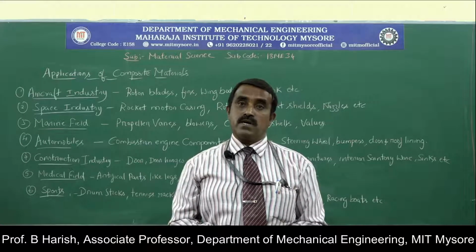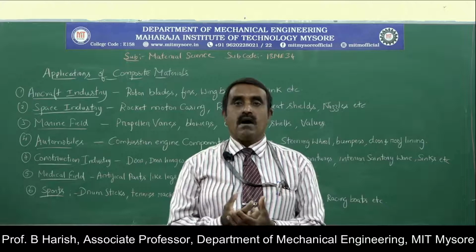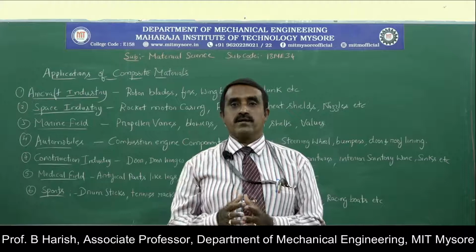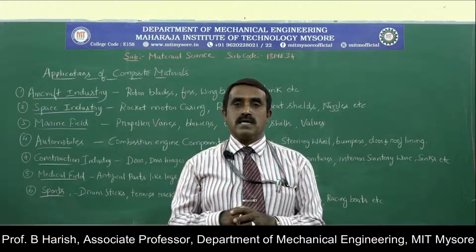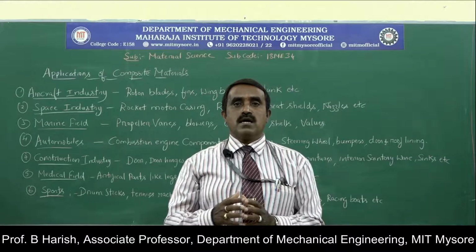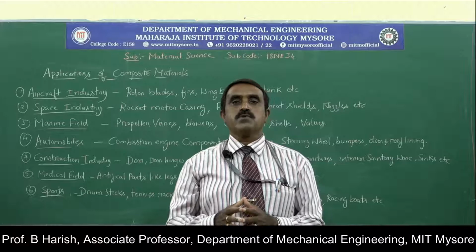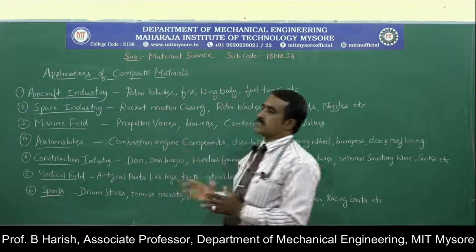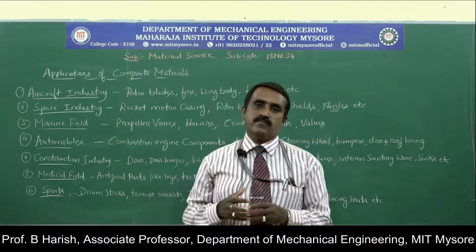Whereas if you use composite material, it will have strength and be light in weight. So both conditions will be satisfied. Hence in major parts of the aircraft industry, composite material is used. To list a few: rotor blades. We have very big blades in the case of aircraft.